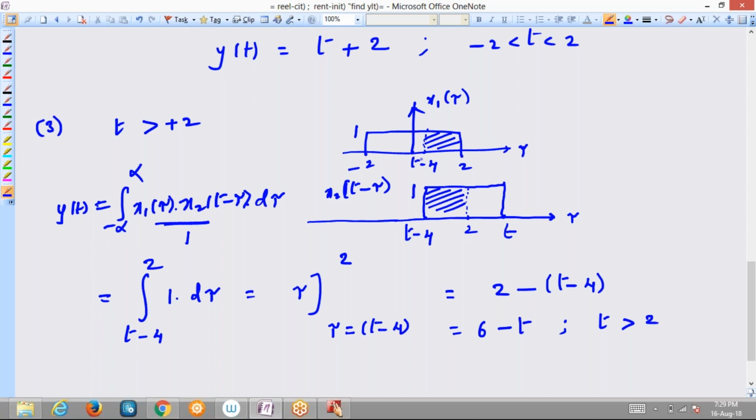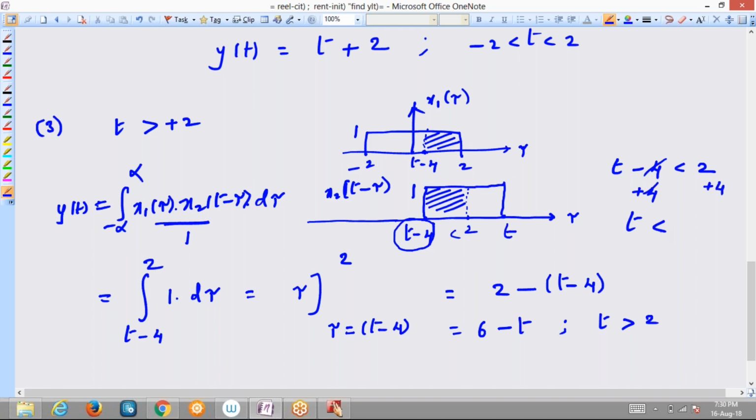Now we can consider that whenever t is greater than 2, the t minus 4 value should be less than 2. So in that case, if t minus 4 is less than 2, t value should be less than 6.